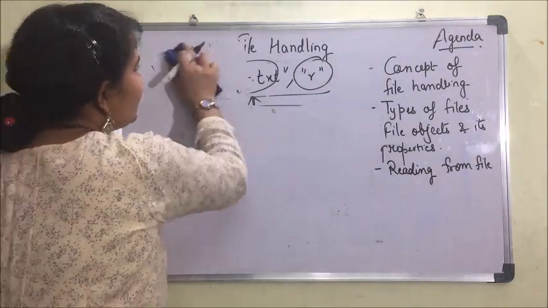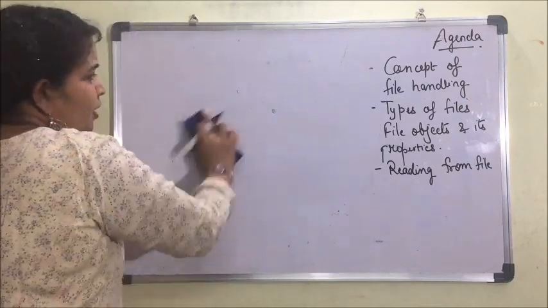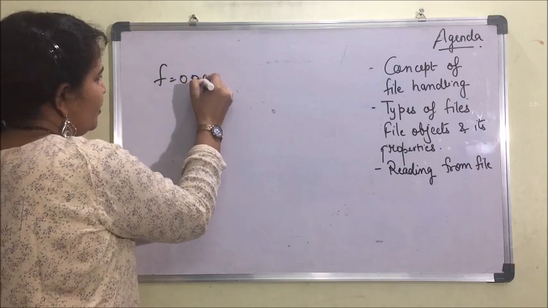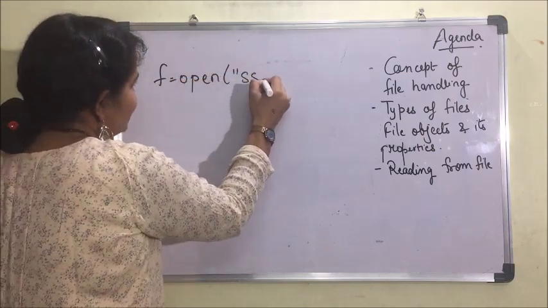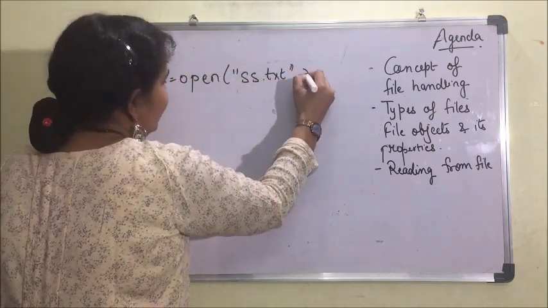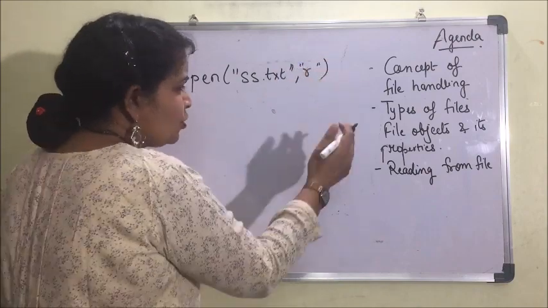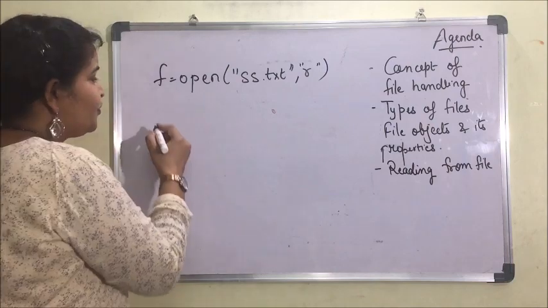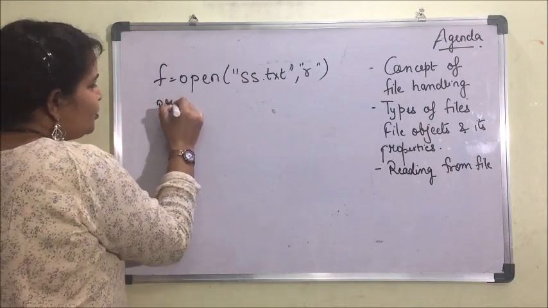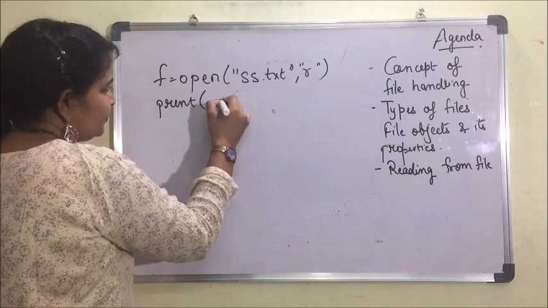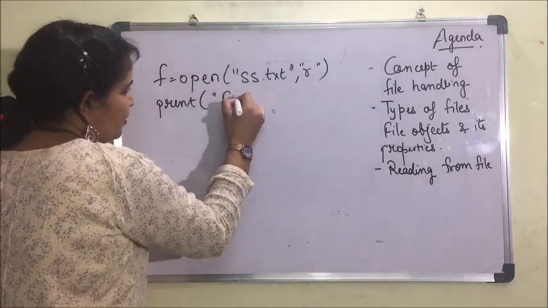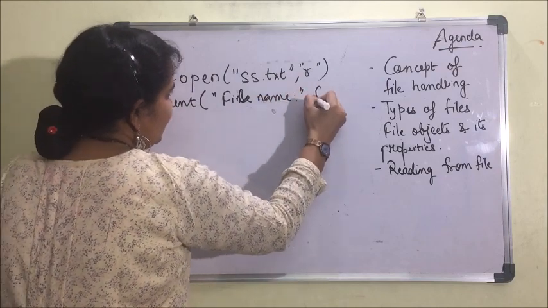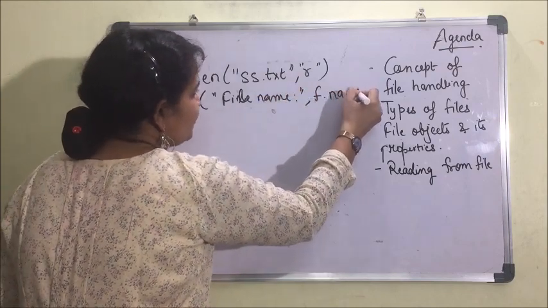So the next thing is properties of objects. Suppose I have opened a file ss.txt in read mode. So the first property is, suppose I want to display the name of the file which we are opening. We can use print f.name.